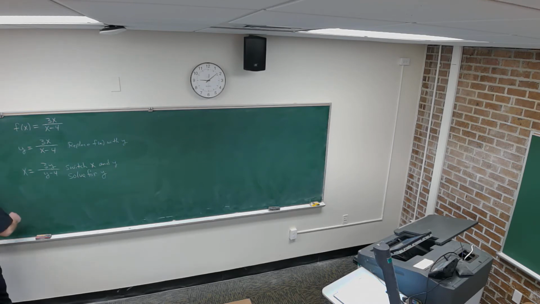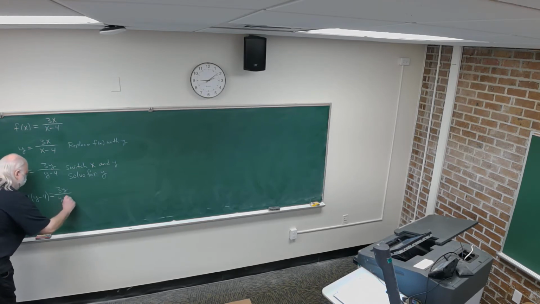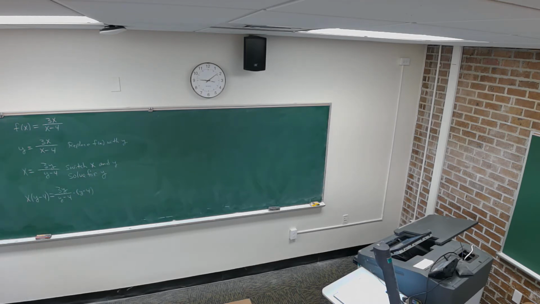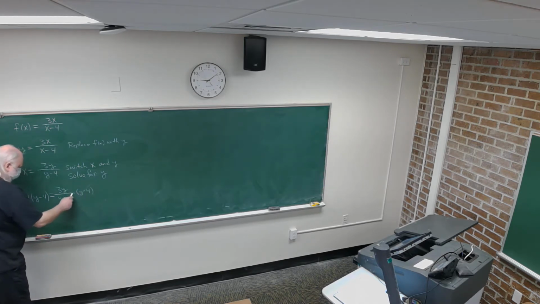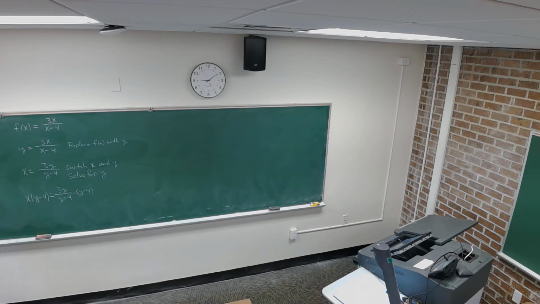So we have x times y minus 4 is equal to 3y over y minus 4 times y minus 4. Okay? So just multiply both sides by y minus 4. And you can see on the right-hand side now, right, the y minus 4's cancel.